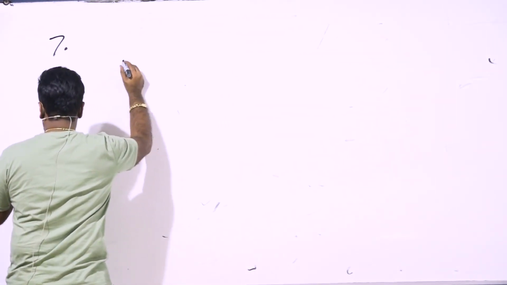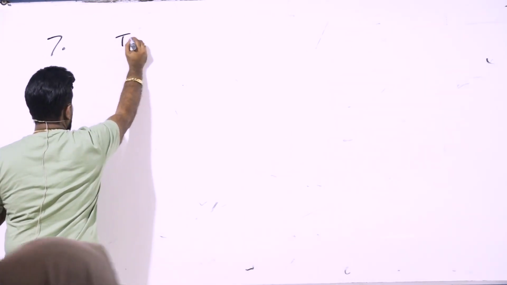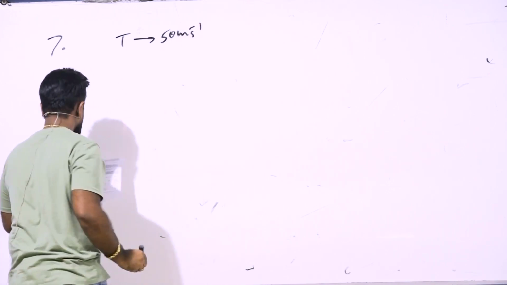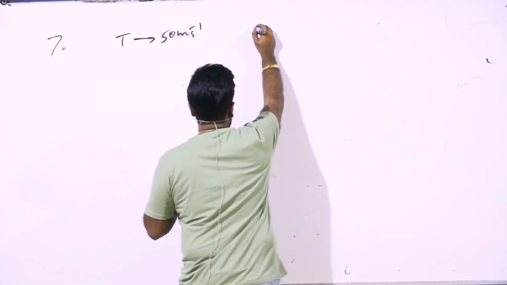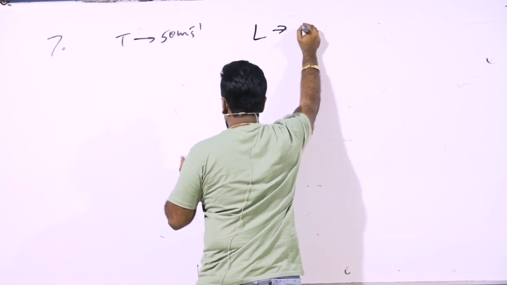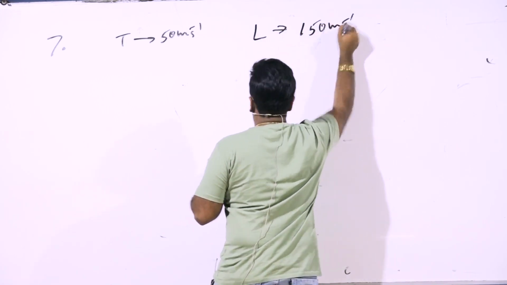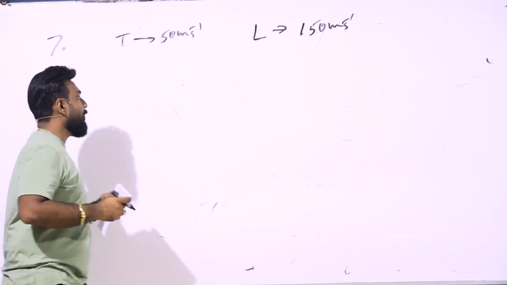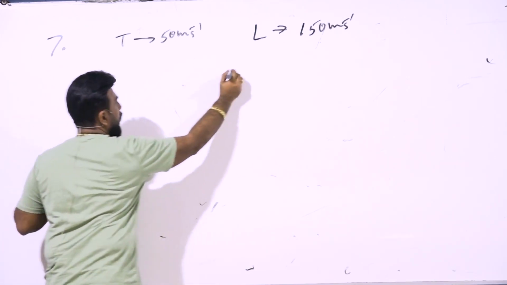So there are two waves. Transverse wave travels with velocity 50 and another, longitudinal wave, travels with velocity 150. Now these waves are going to travel between two locations.